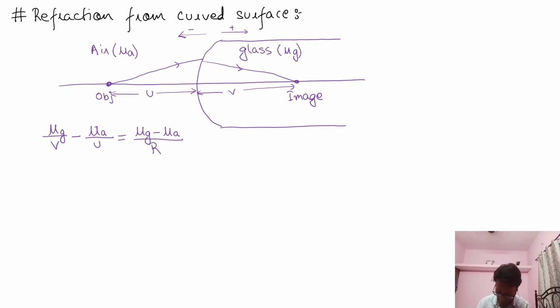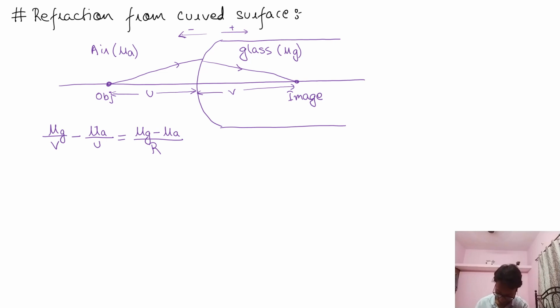Radius of curvature means this surface has a radius of curvature, no? And I'm interested in the radius of curvature of this surface.